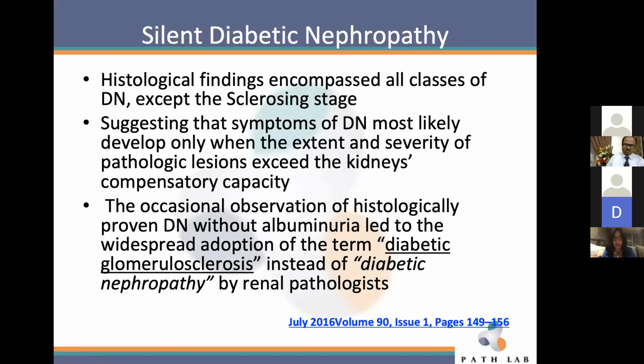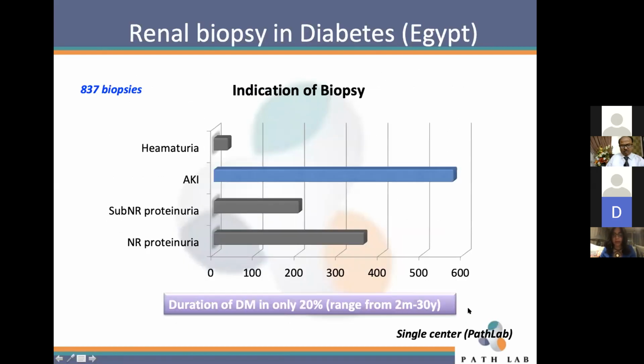The occasional observation of this histologically proven DN without albuminuria led to the widespread adoption of the term diabetic glomerulosclerosis instead of diabetic nephropathy by renal pathologists, as Dr. Hussein mentioned early in the talk. We don't use diabetic nephropathy, we use diabetic glomerulosclerosis in our diagnosis because irrelevant whether the patient has overt clinical manifestation or not, the lesion you're seeing is related to diabetic glomerulosclerosis.